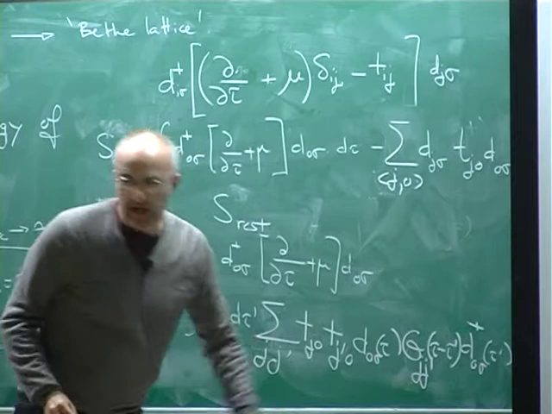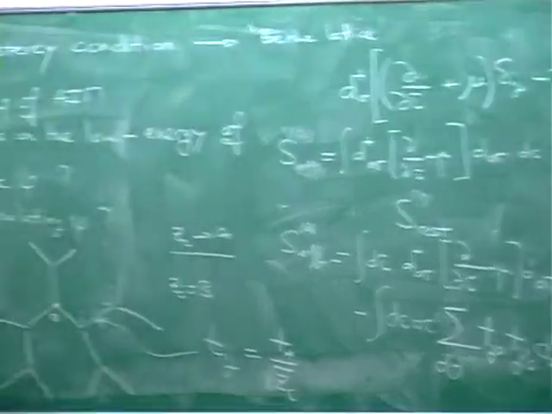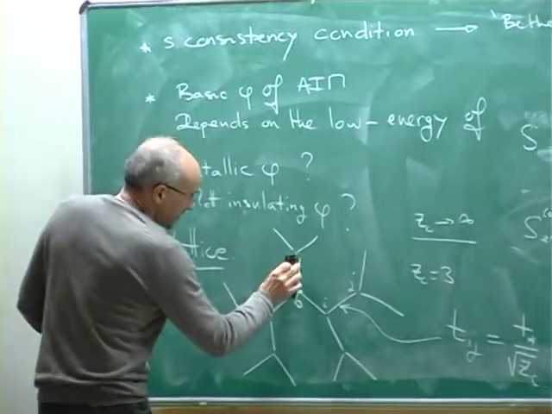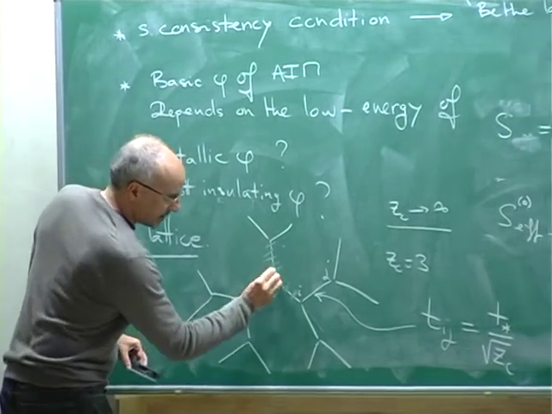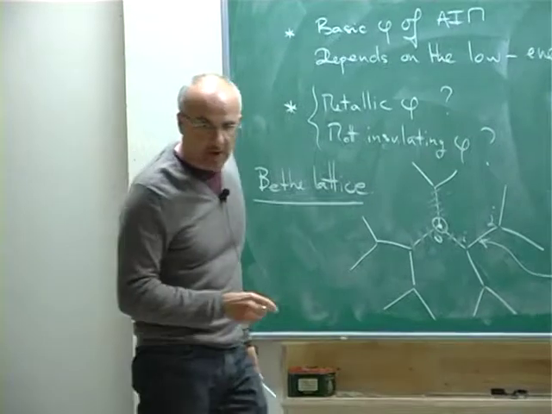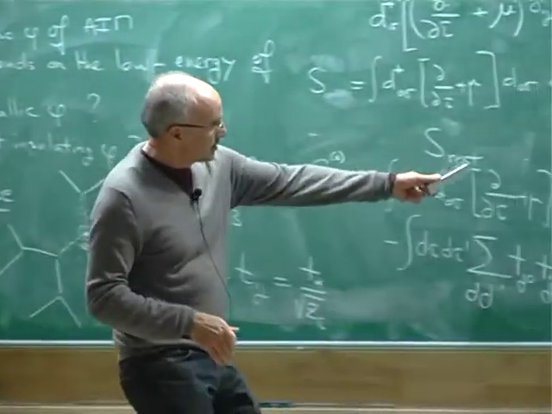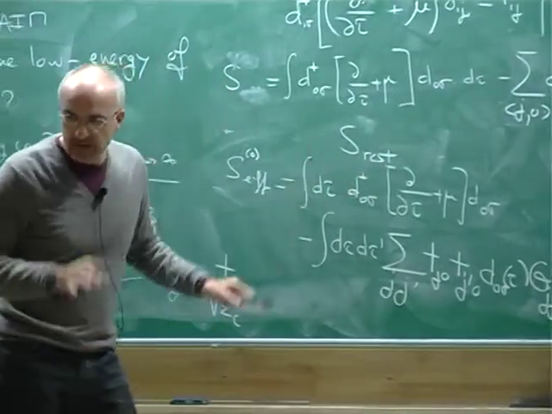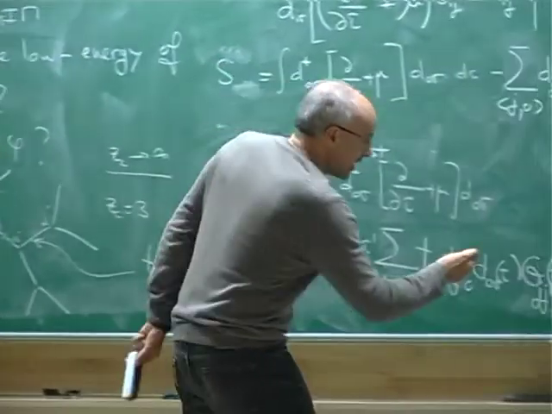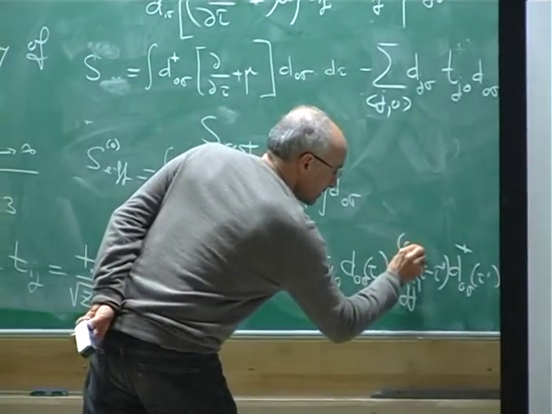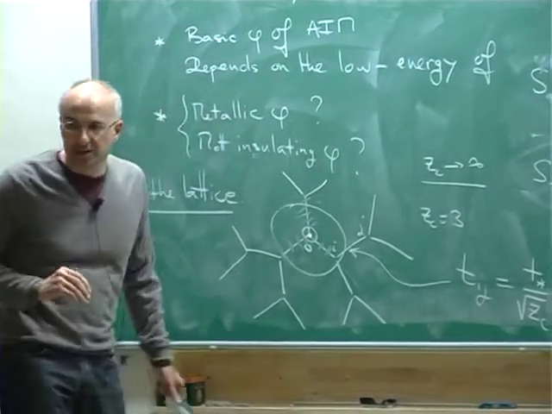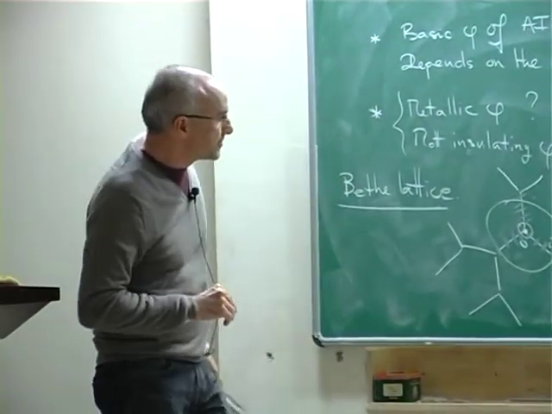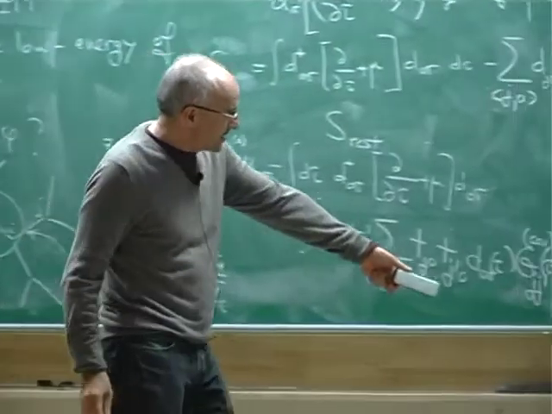But this Green's function has to be calculated in the theory in which this bond and this site have been removed, because it knows only about this action S rest. So let me put here cav, which means that I have dug in my lattice a little cavity. Okay, so now let's look at this.